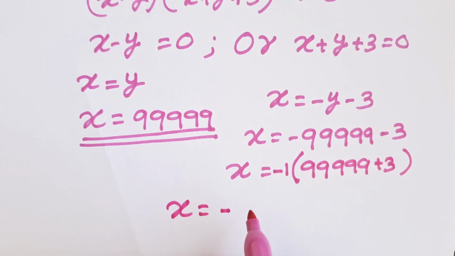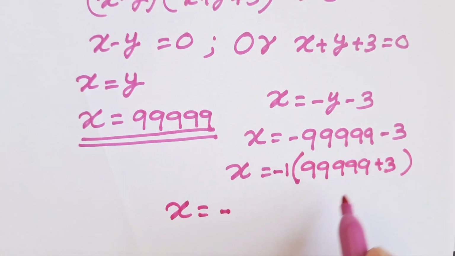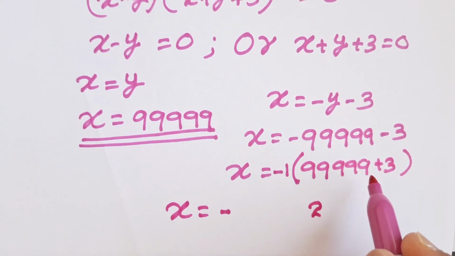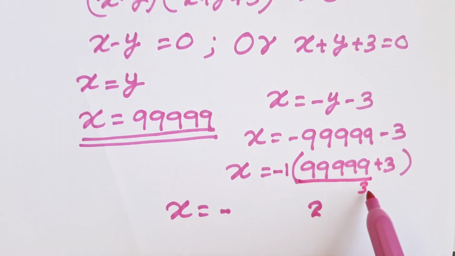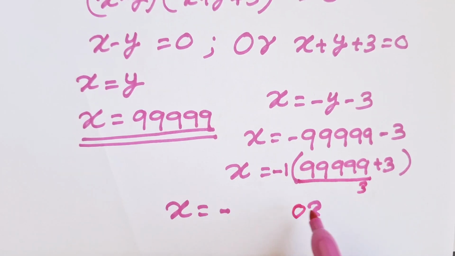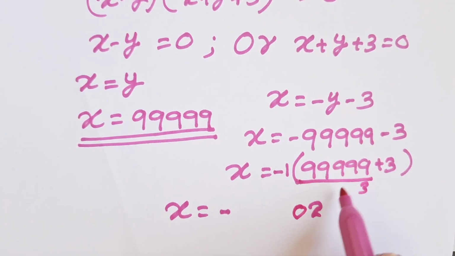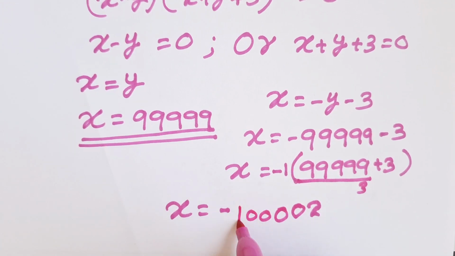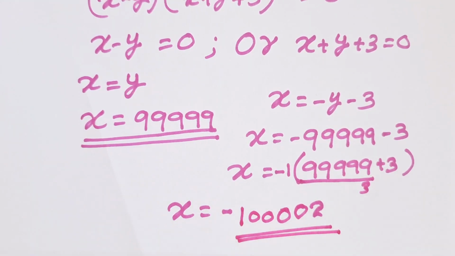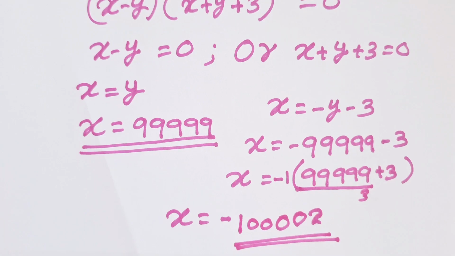Then 9 plus 3 is 12, then 9 plus 1 is 10, and carrying the 1 through each place. So we have our final answer: minus 100,002.